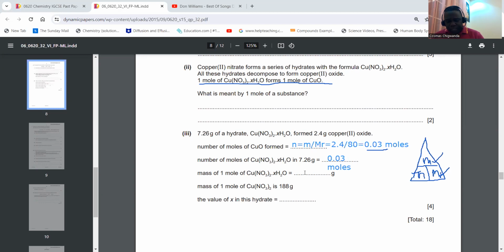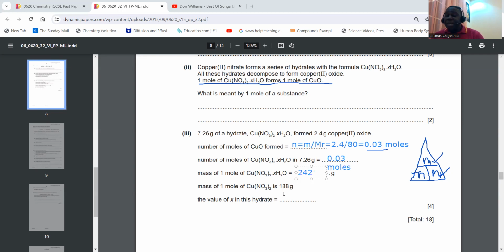So I'm going to say 7.26 divided by 0.03. If you do that, you're going to get your answer here. Your answer here is going to be 242. If you just do that calculation, your answer is going to be 242 grams.